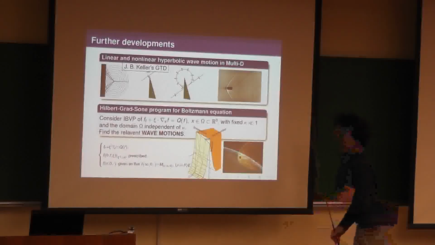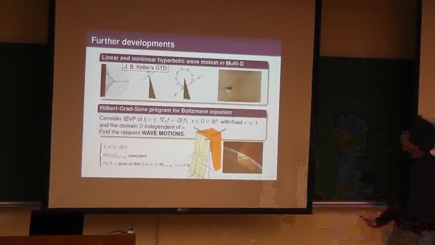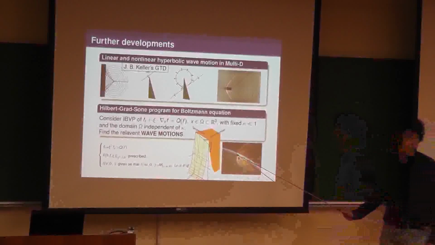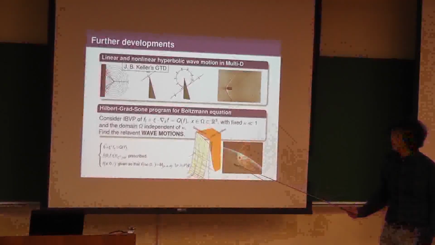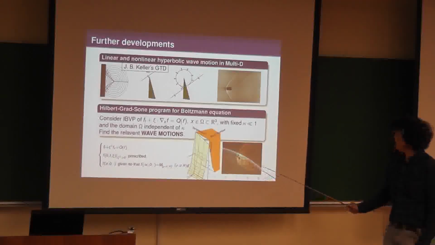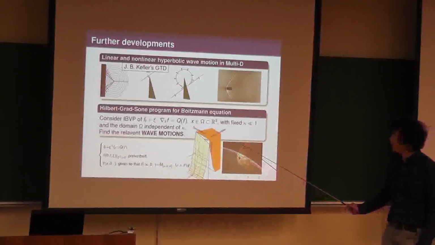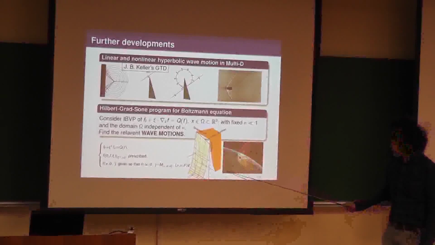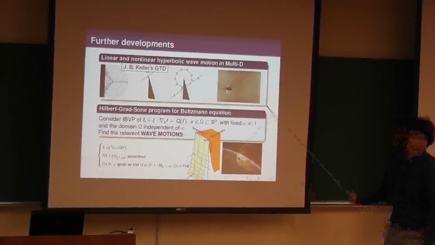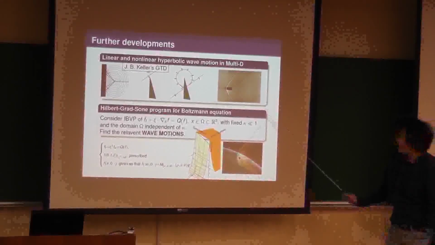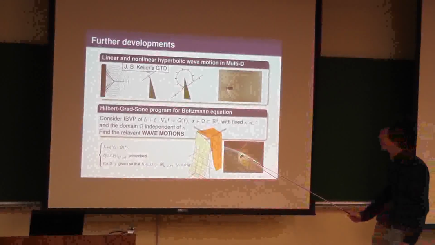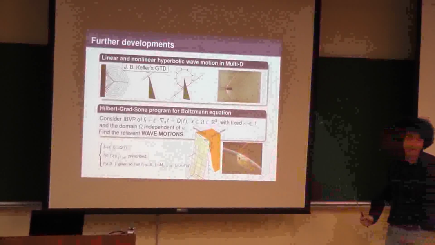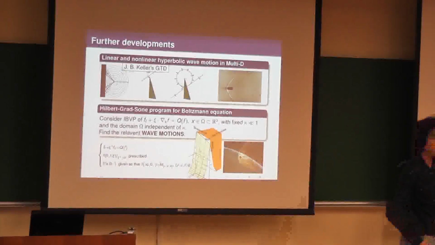And also maybe the most challenging one in the future is a reentry problem. Say a satellite from outer space enters the air, so you can see it goes down here. Up here, the equation is a vacuum, in the main domain it is the Euler equation, and this layer is a kinetic equation. I learned this picture when I was a student, when I was taught about the Boltzmann equation.